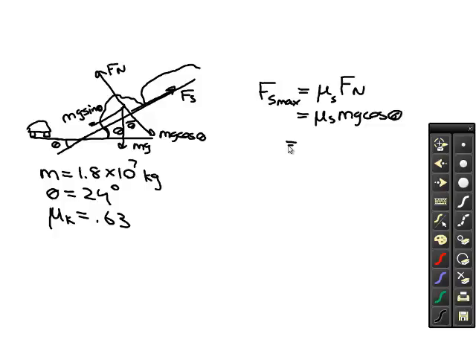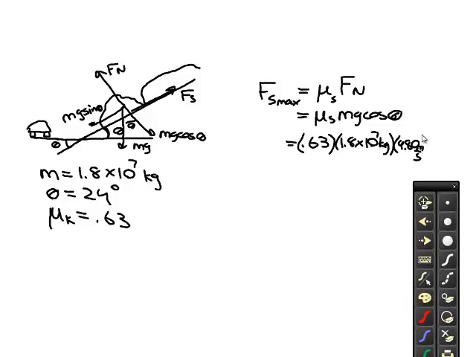And so we punch in our numbers and get 0.63 times this big number, 1.8 times 10 to the 7, times g. I'm running out of room fast. Okay, we'll move this out of the way. Created room.